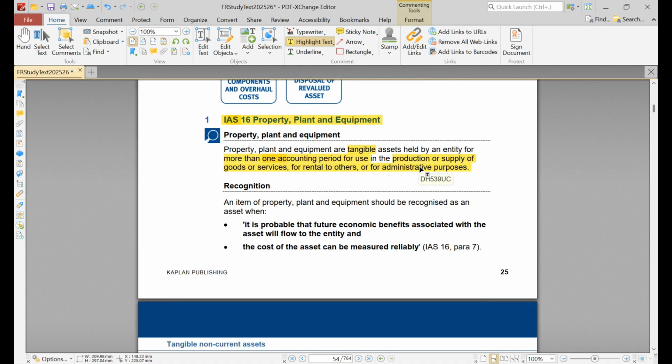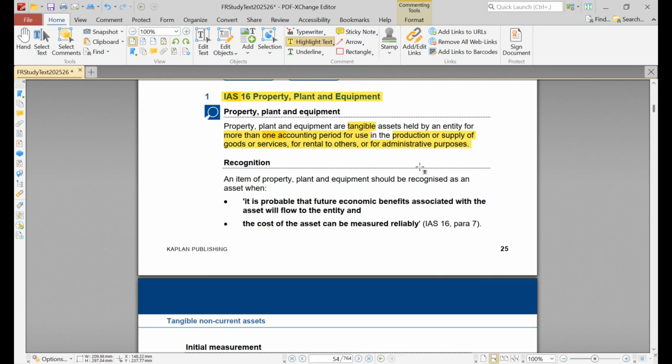Now, how to recognize or record the asset in the books? An item of property, plant, and equipment should be recognized as an asset when there are two criteria. First, it is probable that future economic benefits associated with the asset will flow to the entity, and second, the cost of the asset can be measured reliably. Now, what does this mean?